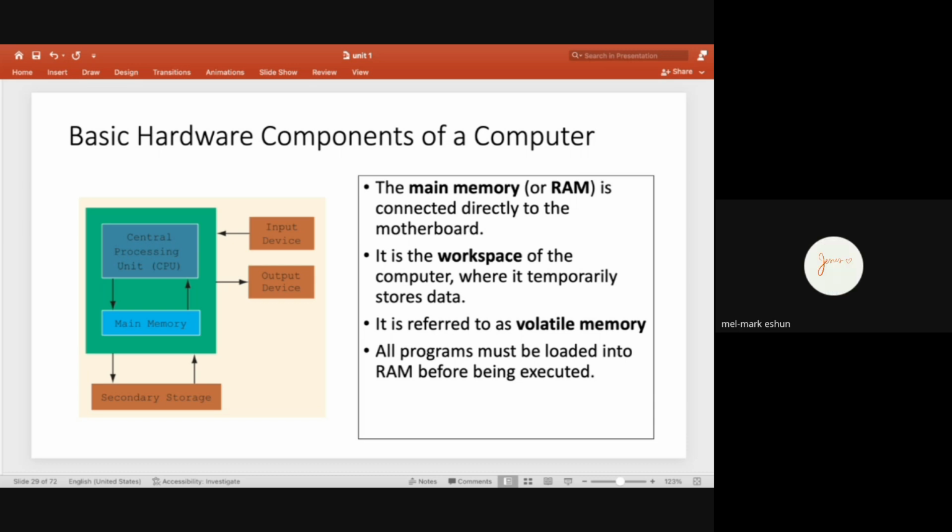Yeah, and I said I wanted to know whether the registers and the cache. No, those don't come in when they talk about the components of the CPU. We just have only two. That is the main component of the CPU.